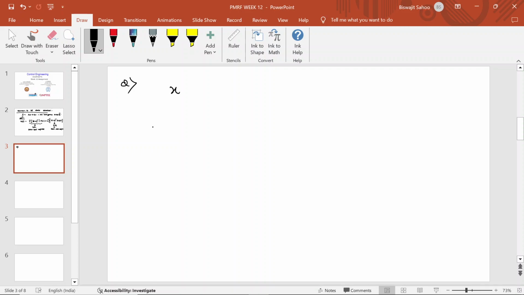It is given like this: x dot equals [0, 1; -2, -3] x plus [0; 5] u. This is the B matrix, and it is multiplied with u.